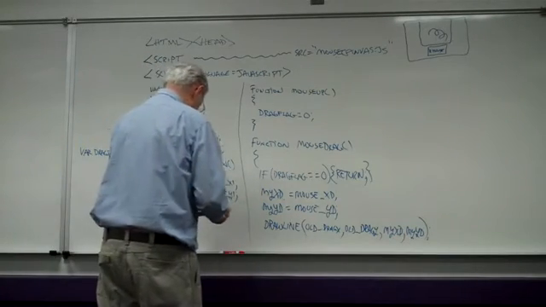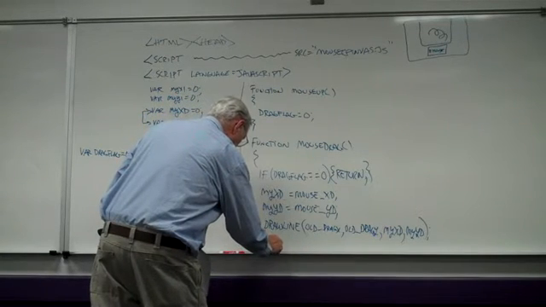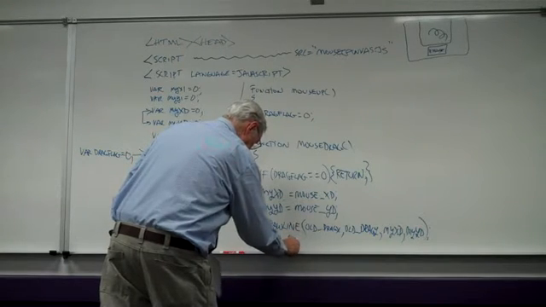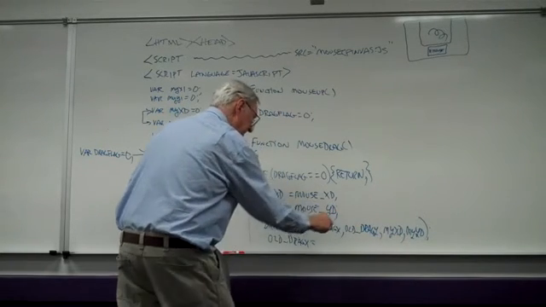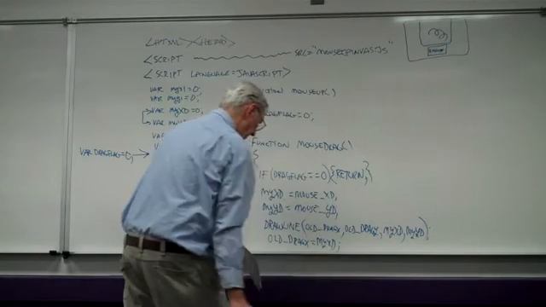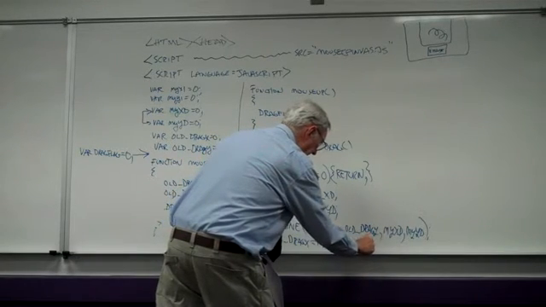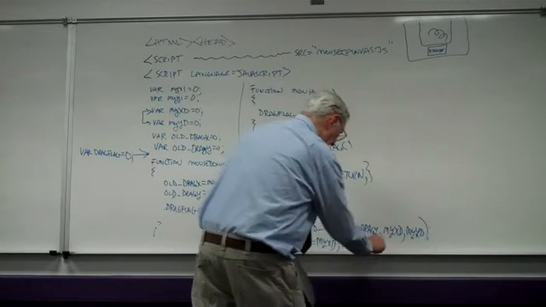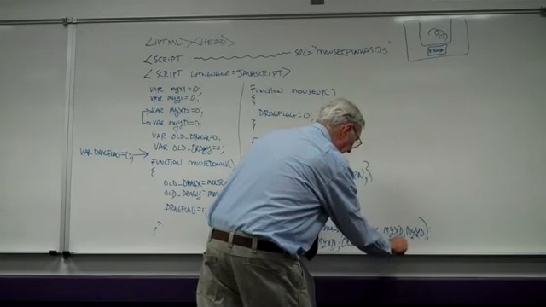So I have to do a couple of things here. Say old drag X is equal to the current X, my XD, semicolon, and old drag Y is equal to my YD.